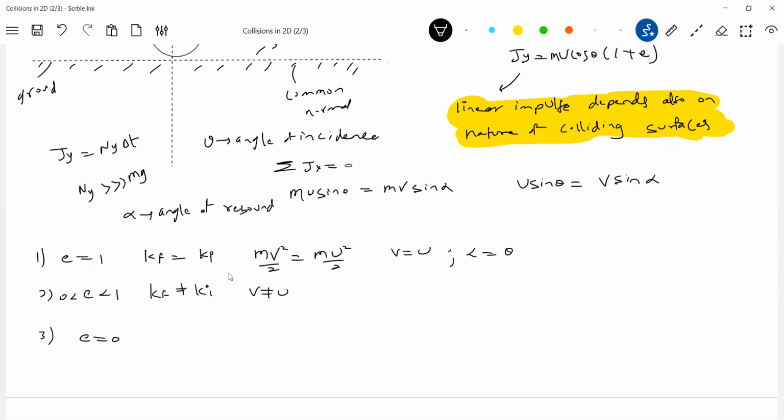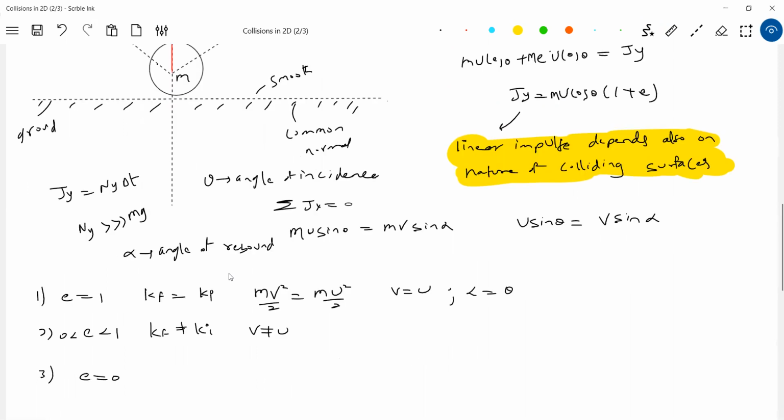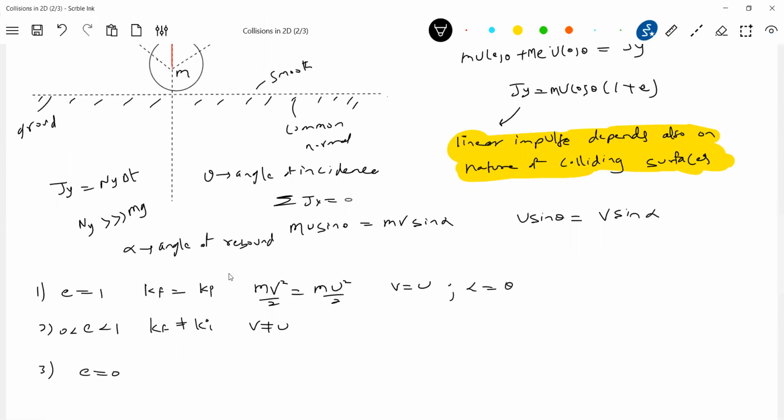E equal to 0. So what will happen? If E equal to 0, then what will happen? It can happen that cos alpha will be 90, no? V will be non-zero. It's not that V must be 0. So if E equal to 0, what conditions will arise? V will be non-zero, alpha will be 90 degrees.